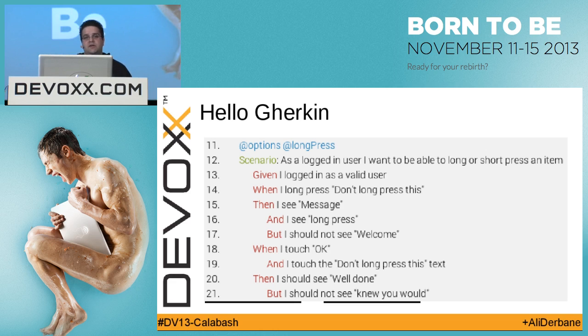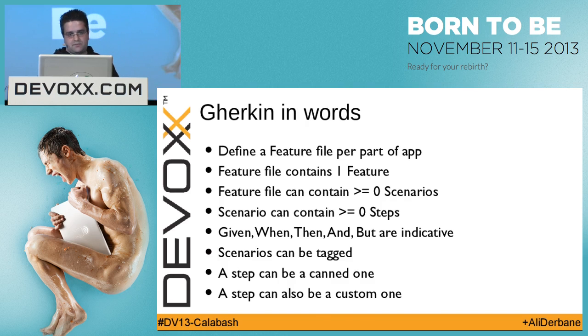The then, the but and the and are words that you can use to add specific steps to a specific item. So for example, then, and, but, they all belong to the then part. That's also why I put the indentation there to make it clear. Is this clear to you? All right, that's good. Let's go on to the next slide then.